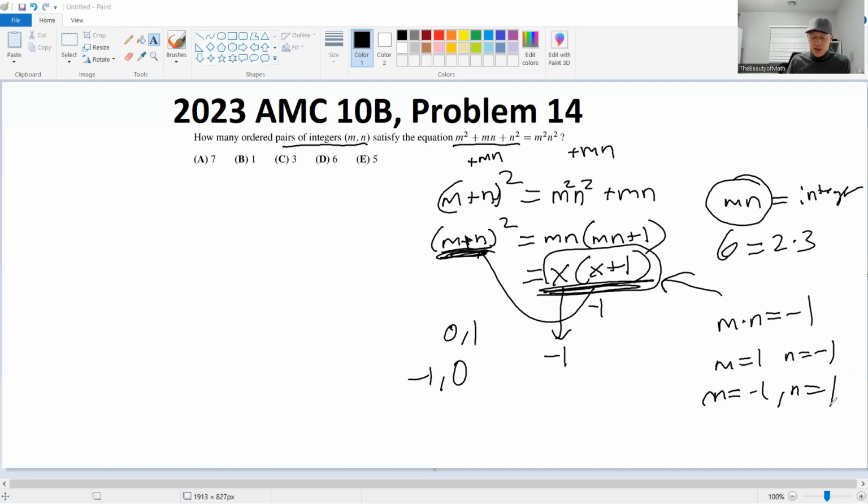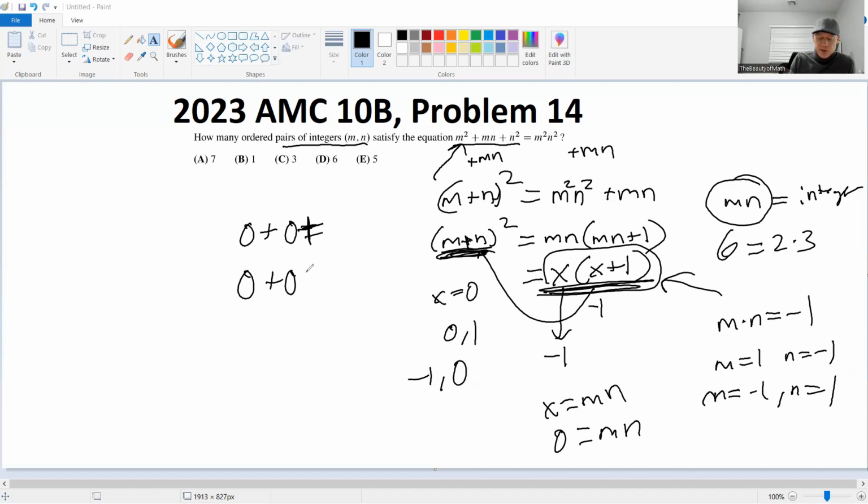What you could do again is say that x is 0. And again, since x equals mn, you're going to have 0 equal to mn, which is only possible if one of them is 0. So go ahead and try plugging 0 in to see what happens for m. And again, you'll see that 0 plus 0 plus 0 plus n squared is equal to 0.